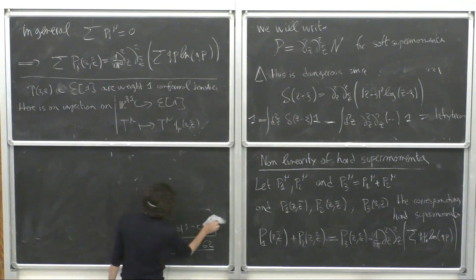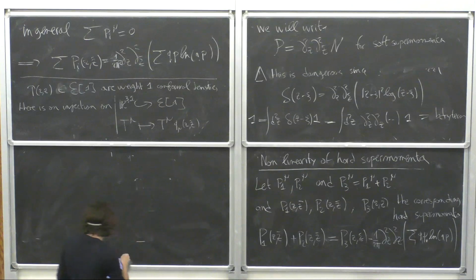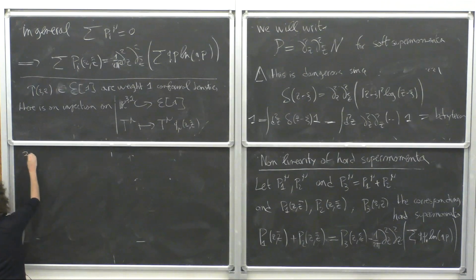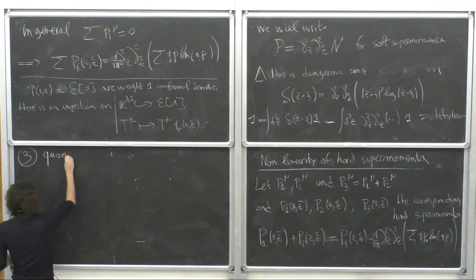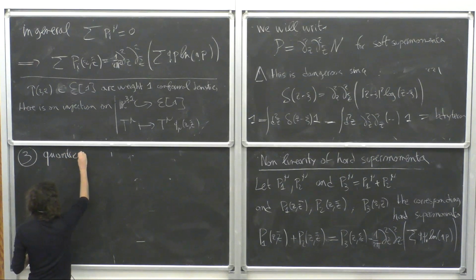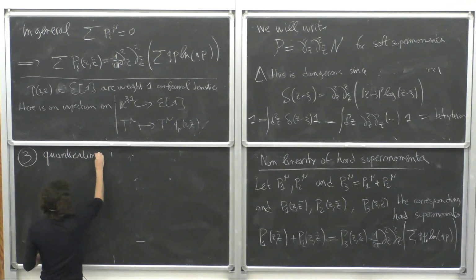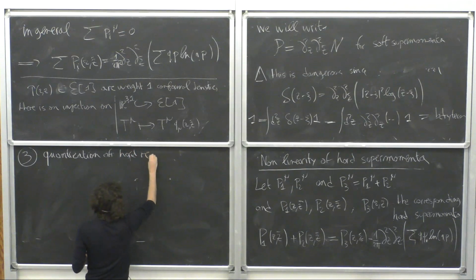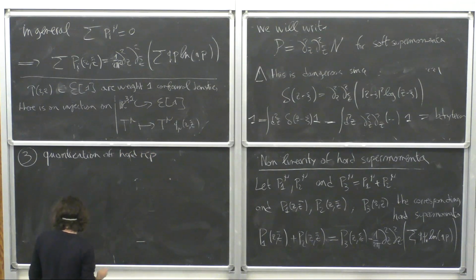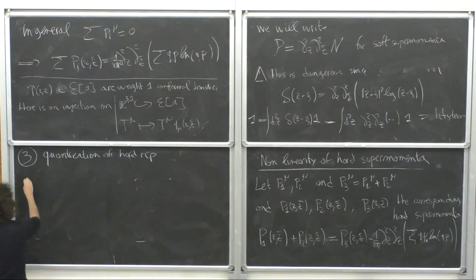And in effect, it's not much more than the usual quantization of Poincare fields, but still a nice exercise, I feel. So now we declare that these are operators, that the P, they are operators.